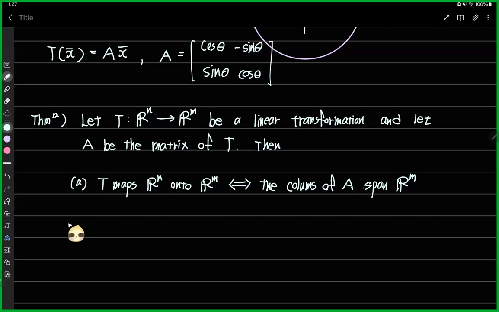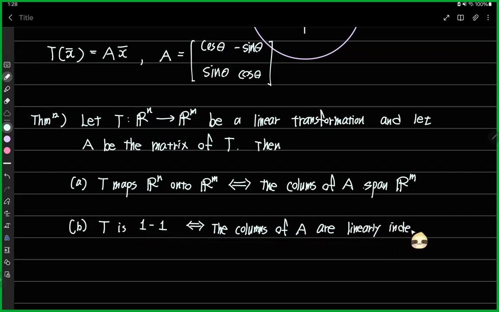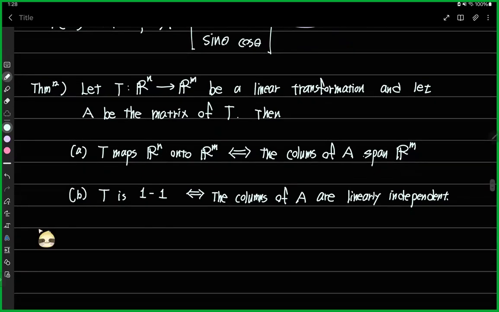Second one: T is one-to-one if and only if the columns of A are linearly independent. Okay, let's prove it.